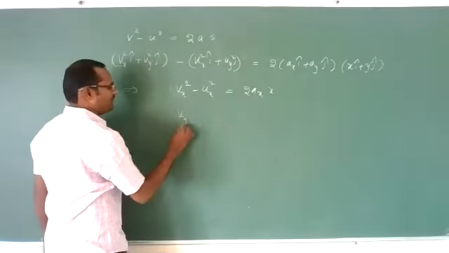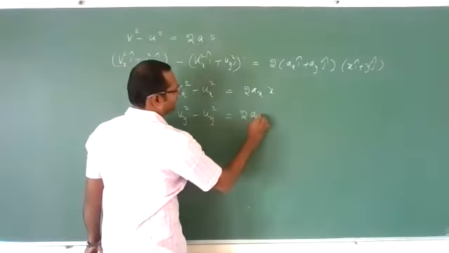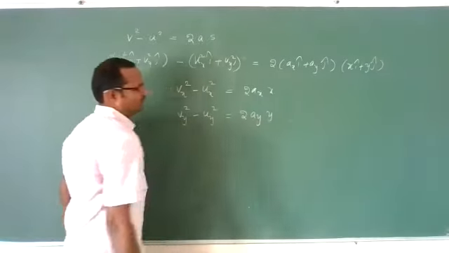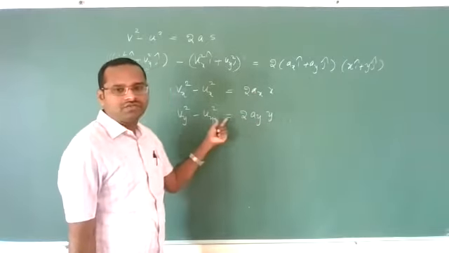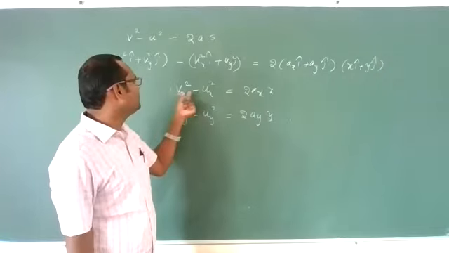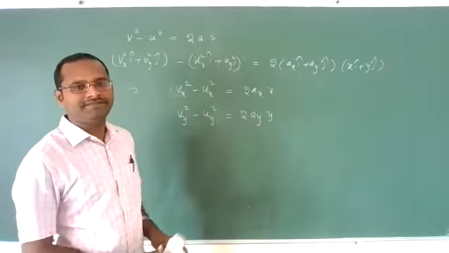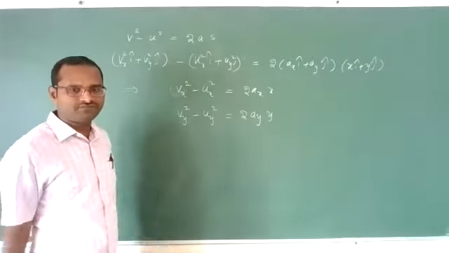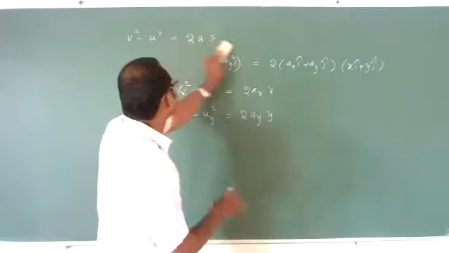In the same way, vy square minus uy square can be written as 2 times ay into y, that is, 2 into acceleration into the y displacement. Velocities are only in the y component here, and only in the x component there. We should have an idea on this. With this, all four equations are over.